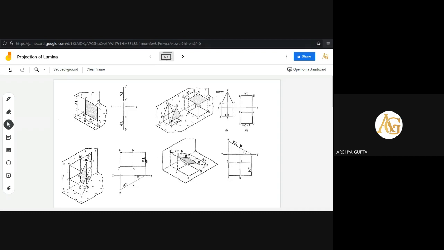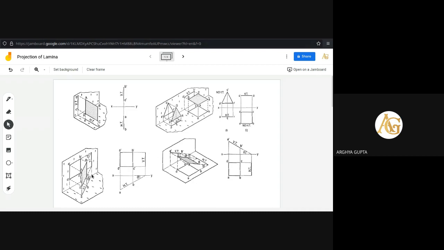It is the side view. So the vertical trace will be available at a plane which is perpendicular to the plane. So this is an auxiliary plane. We are going to discuss the auxiliary plane to draw the side view when we draw the projection of solids.